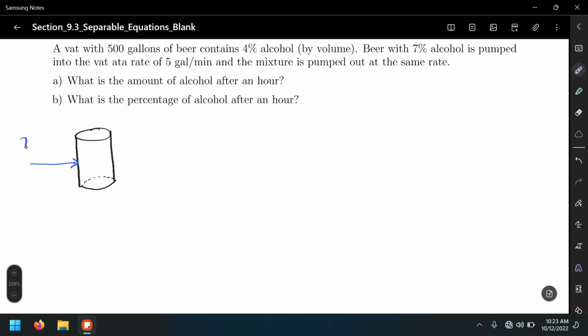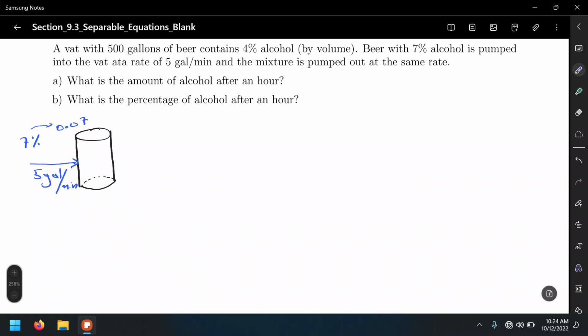We have 7% alcohol, which in decimal is the same as saying 0.07. Recall that whenever you have information in terms of percentages, we don't use percentages in formulas or equations. We need to convert those to their corresponding versions in decimal. And it's coming in at a rate of 5 gallons per minute.